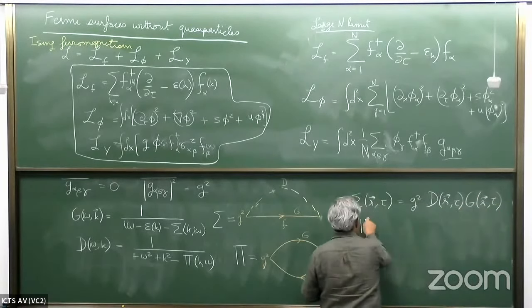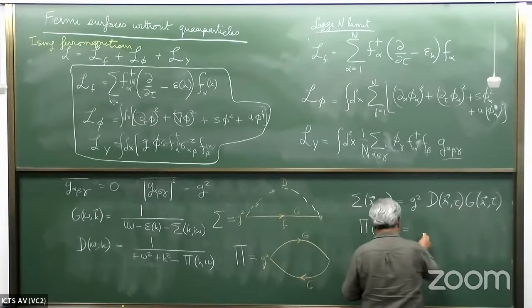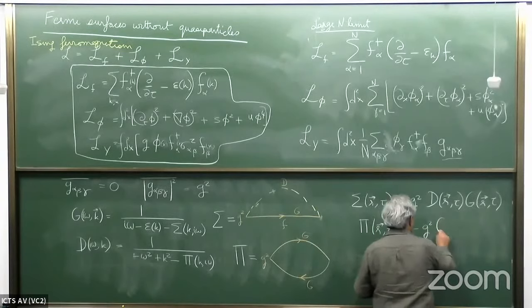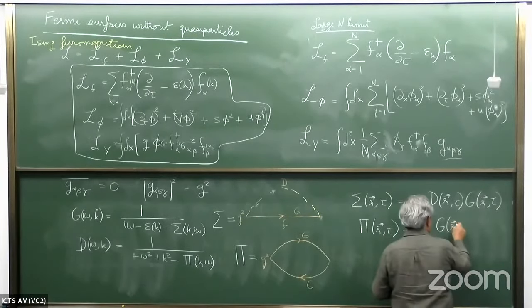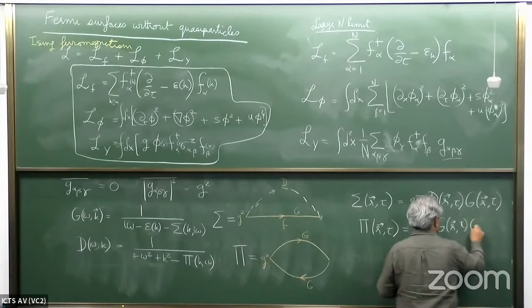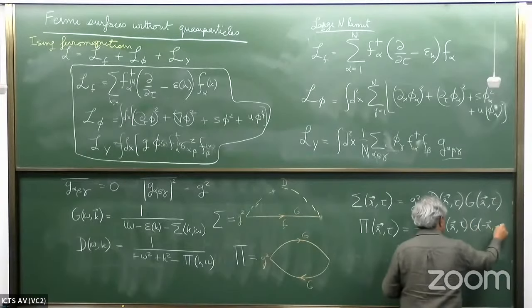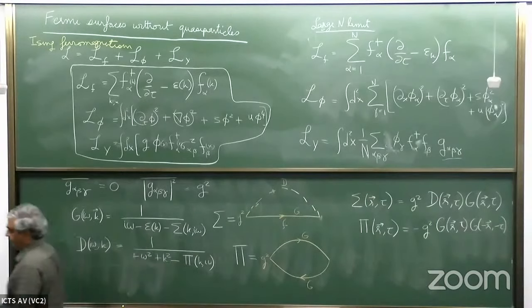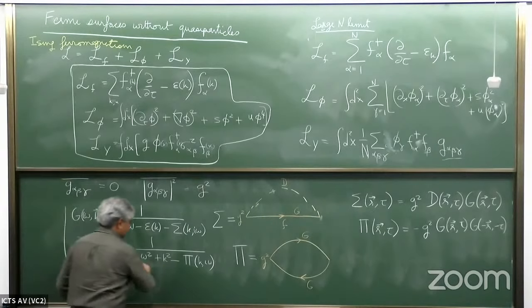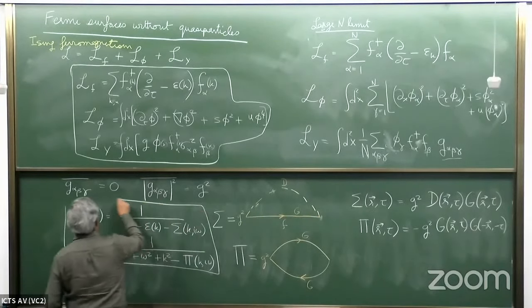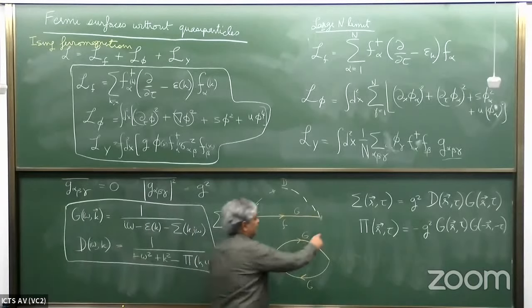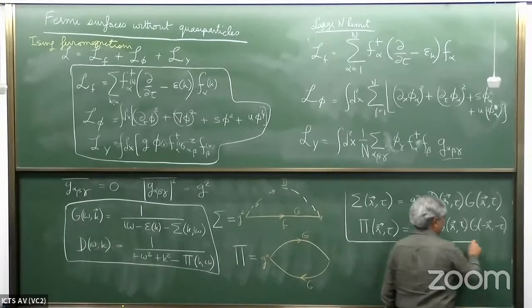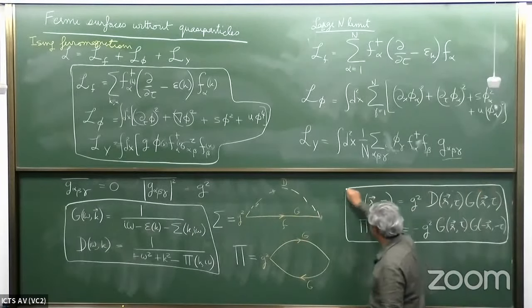And pi is minus G squared of G of r and tau and G of minus r and minus tau. Okay. So these are the four equations for two functions that come out in the large N limit, and this is the complete large N limit.